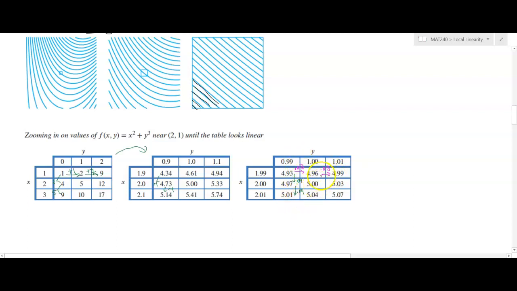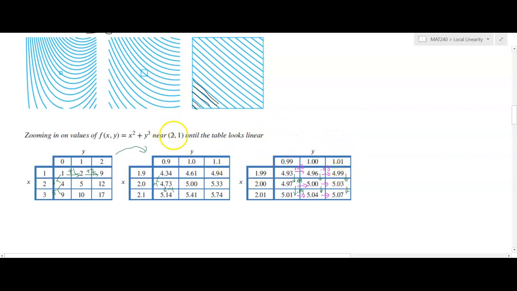So we can go across any row and see that that's going to be 0.03, and there's 0.03, and also going down any column, we should see that that's a change of 0.04, 0.04, 0.04, and 0.04.